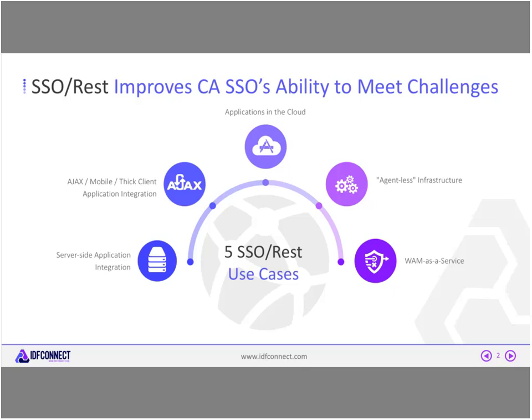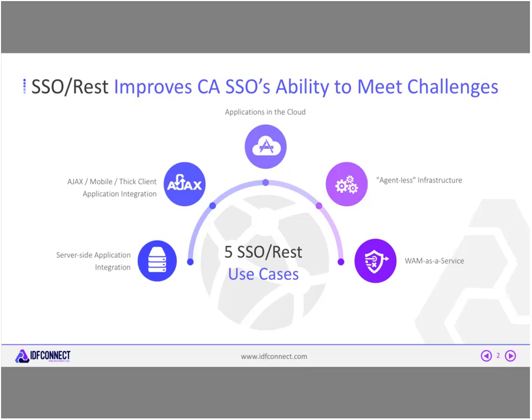On the left side, you'll see we talk about server-side integration and client-side integration, and these are the use cases where we're developing applications that need to interact with your CA SSO system.